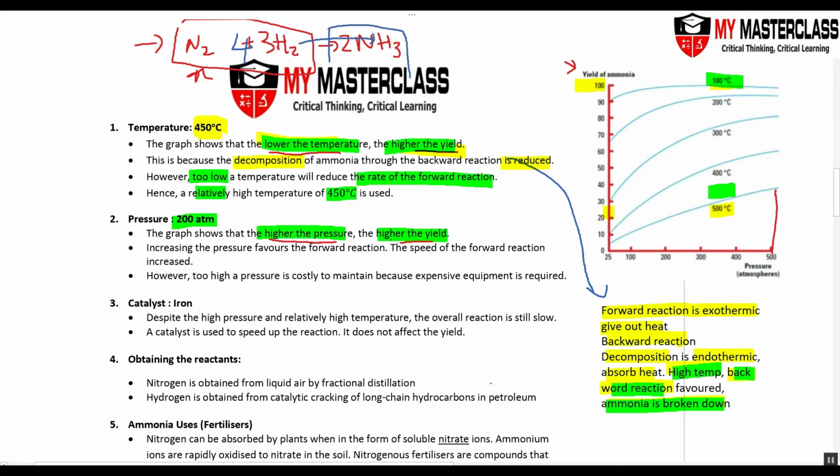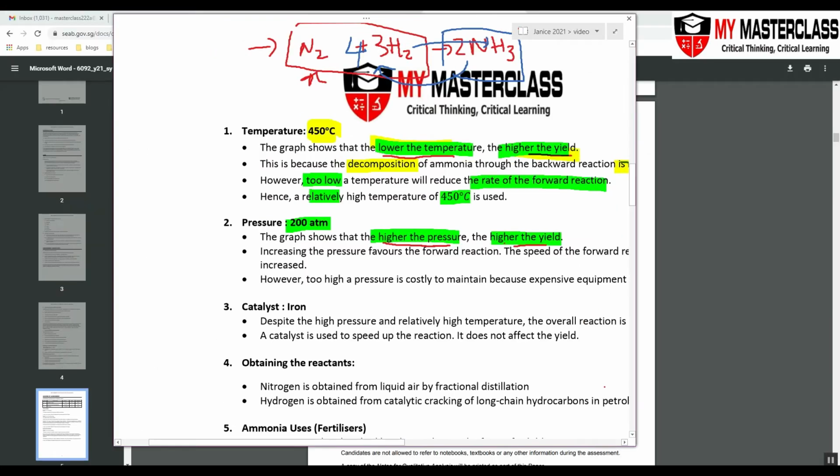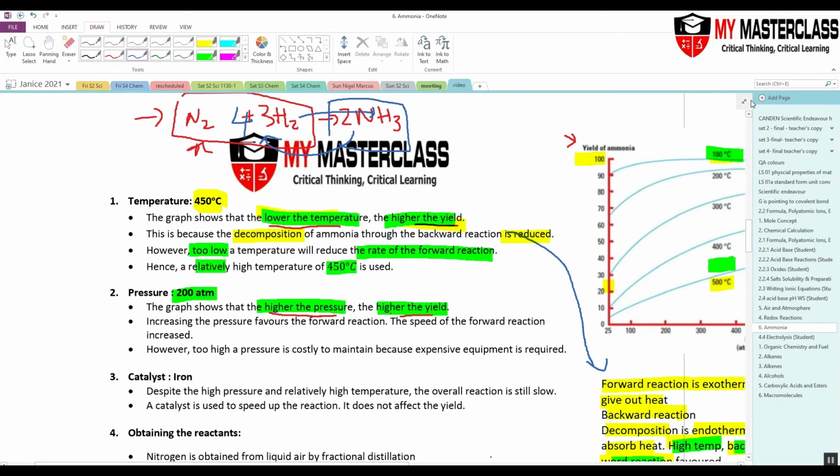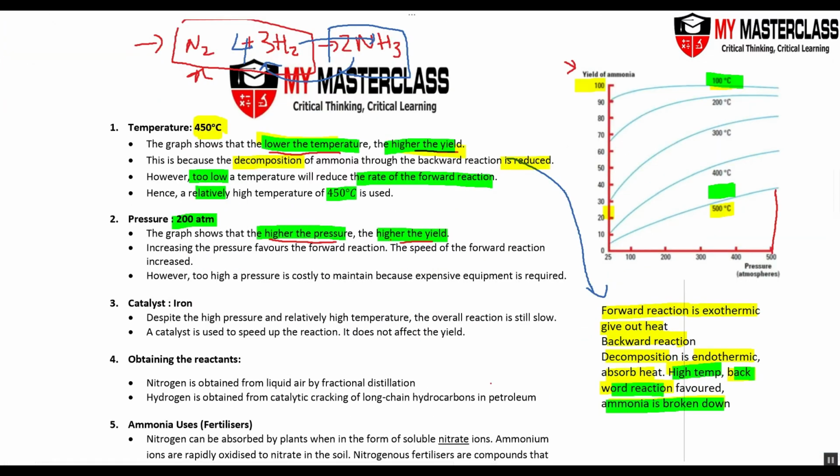And the backward reaction of ammonia forming back this, when you squeeze here, you're only squeezing 2 molecules. So when you squeeze 4 molecules, there are more particles per unit volume, so forward reaction is favored. Okay, so increasing the pressure increases the forward reaction.